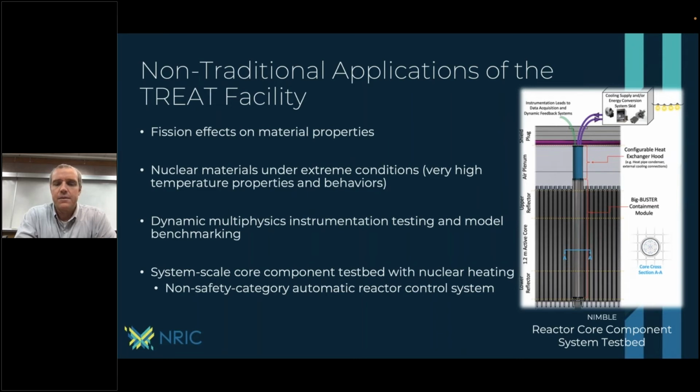And then the last one I'll throw out there is thinking about system scale core component test bed with nuclear heating.